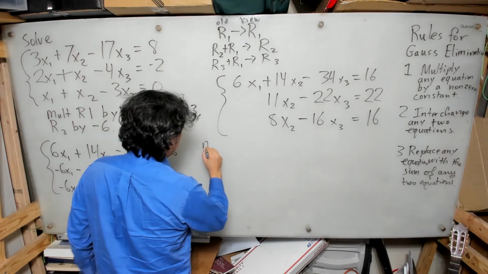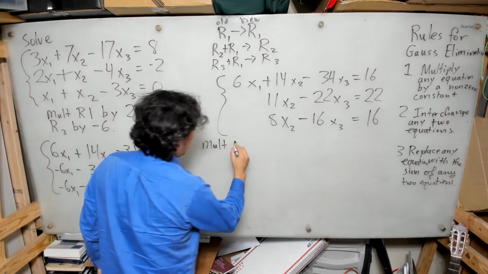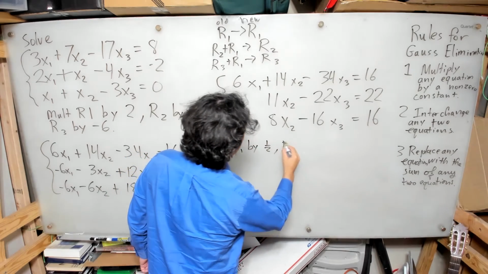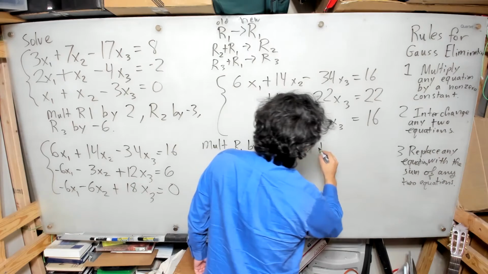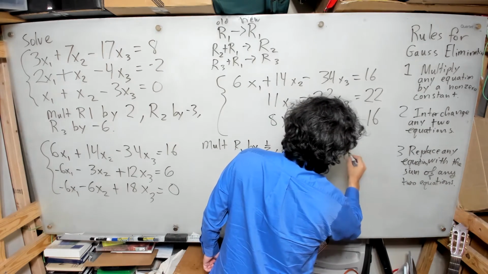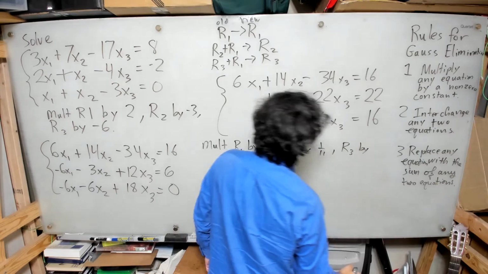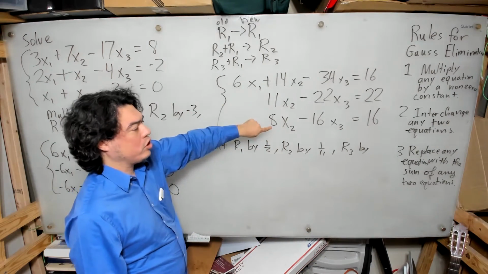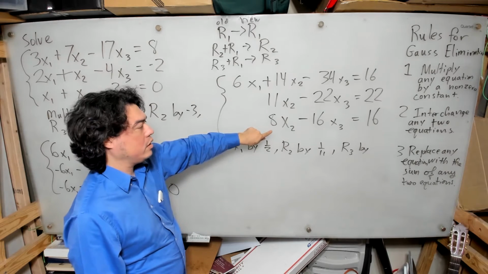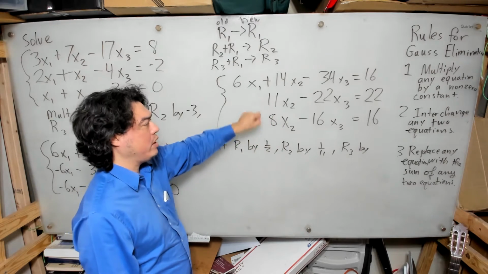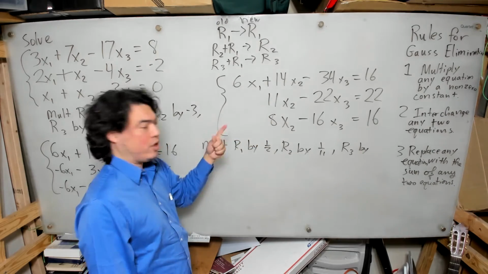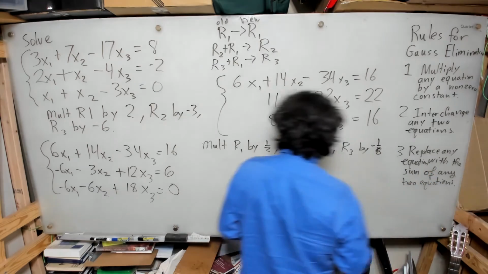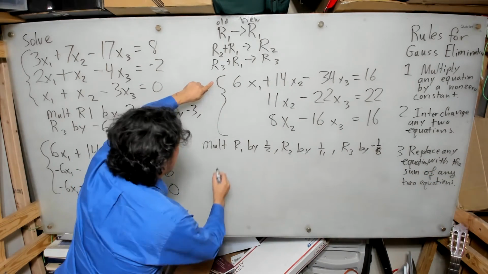I'm going to multiply row 1 by 1/2, row 2 by 1 over 11, and row 3, in this case, by negative 1/8. I'm choosing the opposite sign so that when I add them in the next step, I'll be able to eliminate it. So this first row gets multiplied by 1/2.